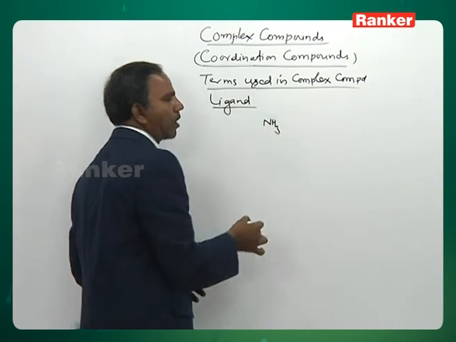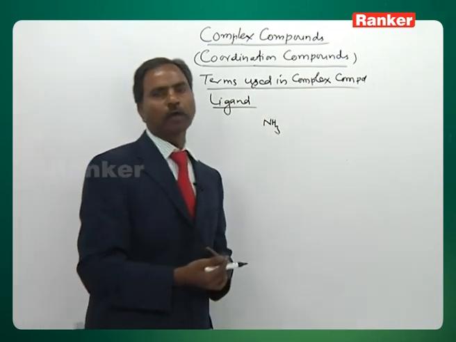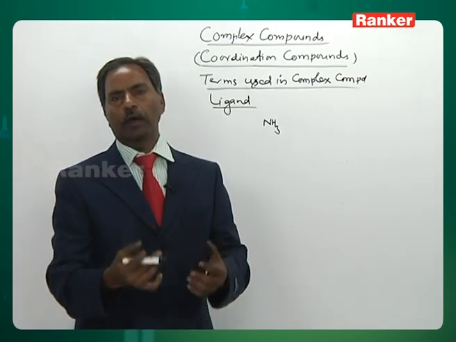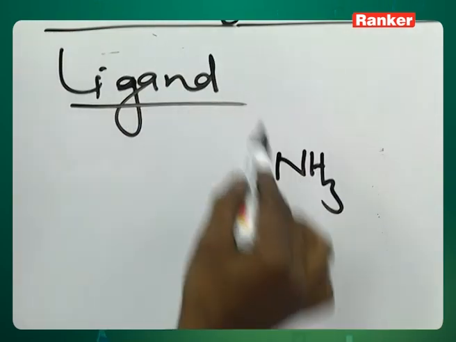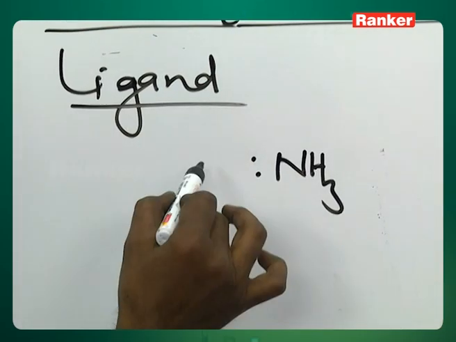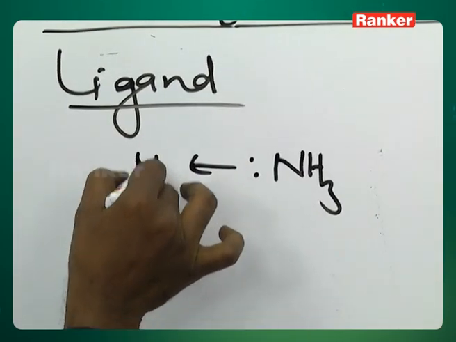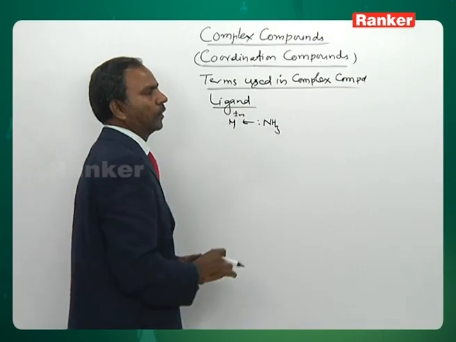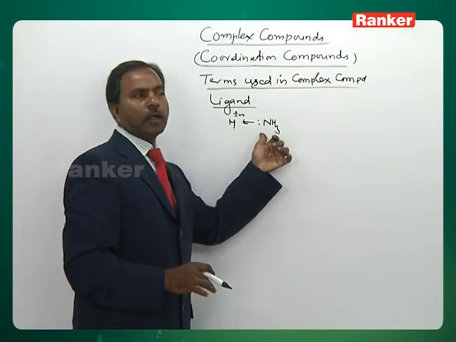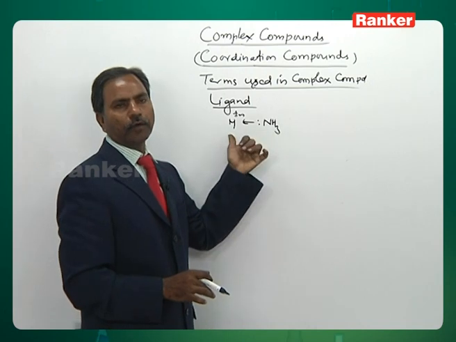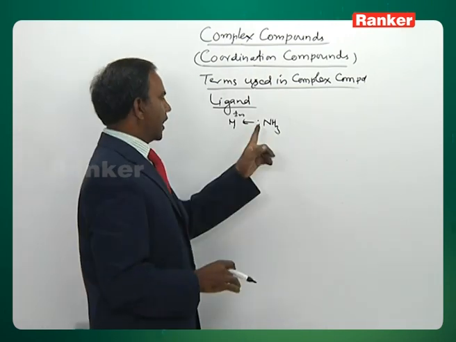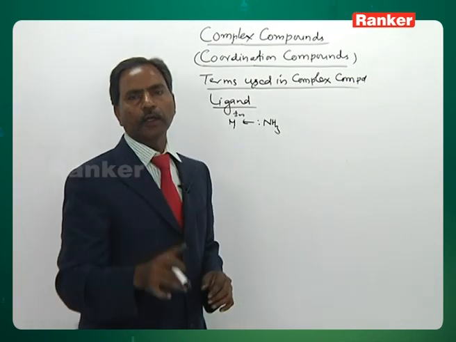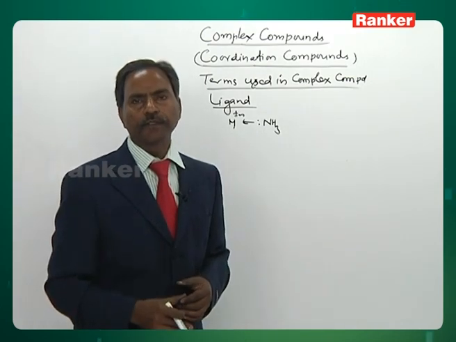A molecule or ion which is capable of donating a pair of electrons, we call a ligand. Consider NH3, which is carrying a pair of electrons. It can easily donate a pair of electrons to the metal. Next, a ligand molecule may carry one donor atom or more than one donor atom.